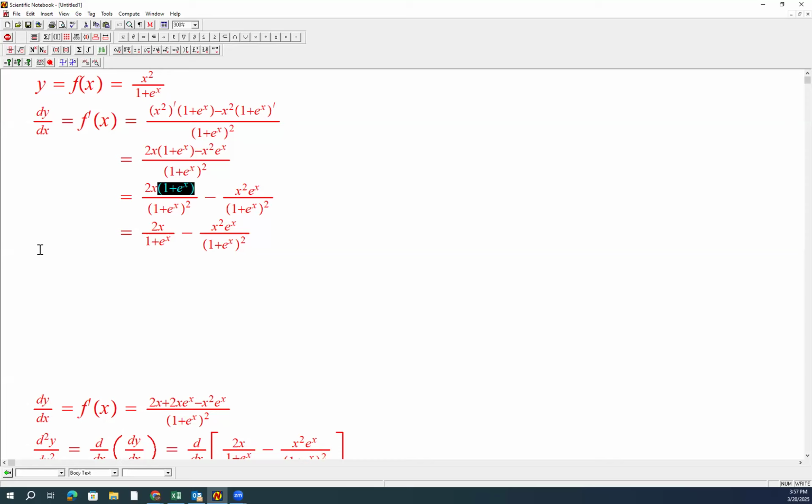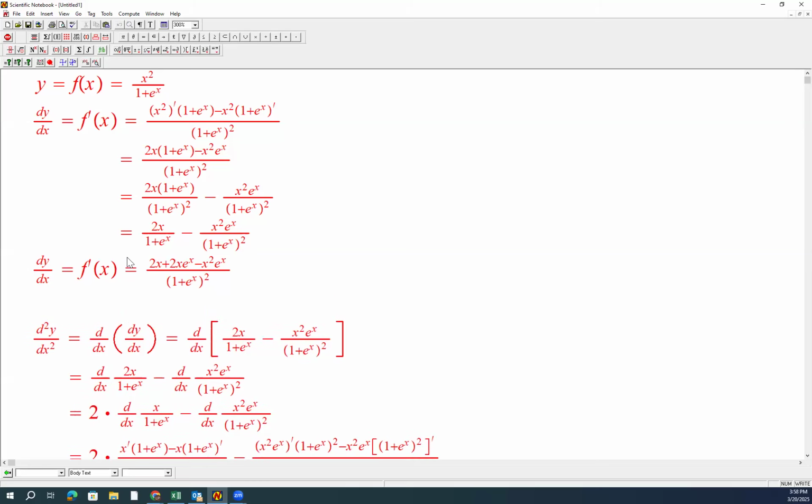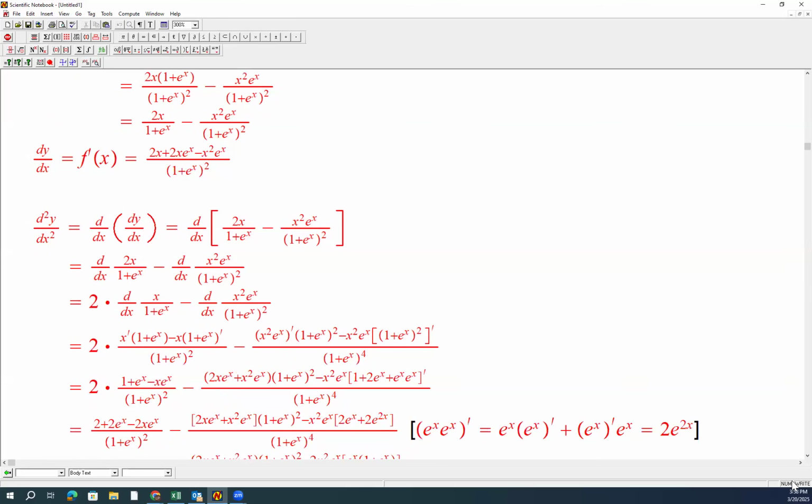So the first order derivative can be expressed either this way or this way. I'm going to use this latter one to do the second order derivative. And meanwhile, of course, the answer to the first order derivative is already done.